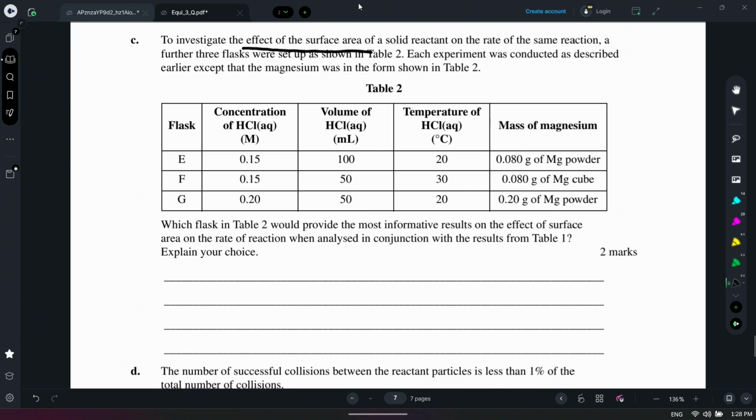Ribbon is a solid, powder is also a solid, but it will have higher surface area. So in this case, the question is asking which flask in table 2 provides the most informative results on the effect of surface area on the rate of reaction when analyzed in conjunction with table 1.